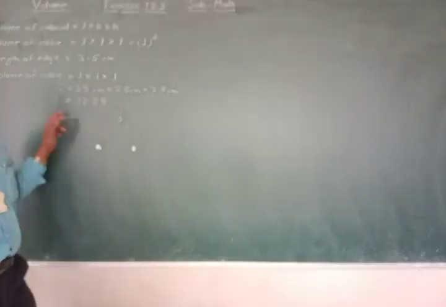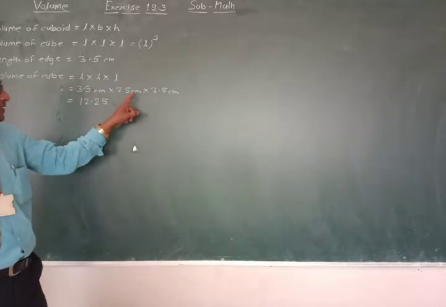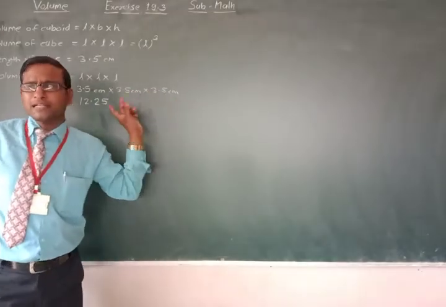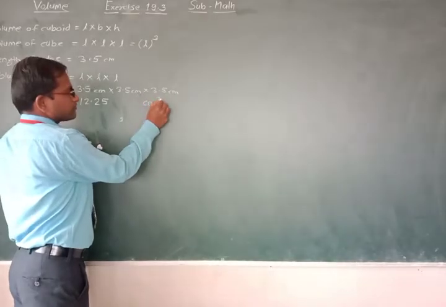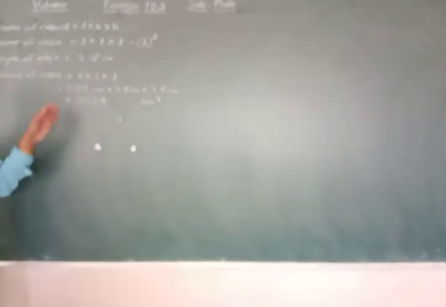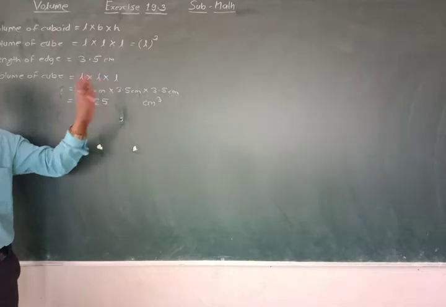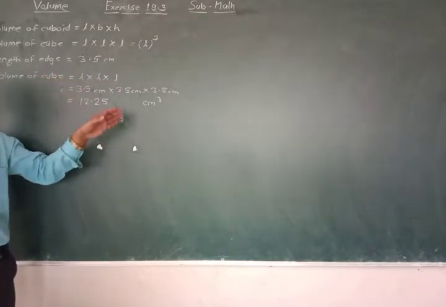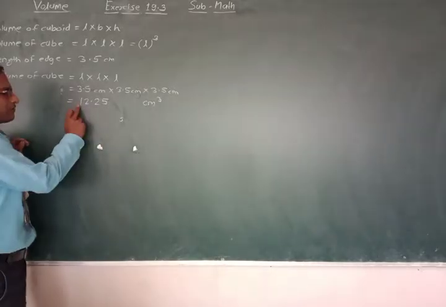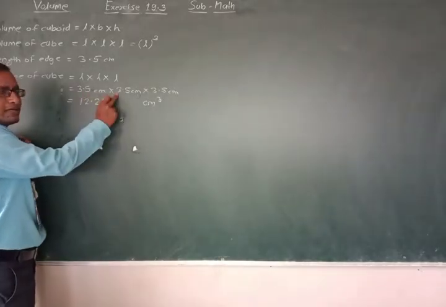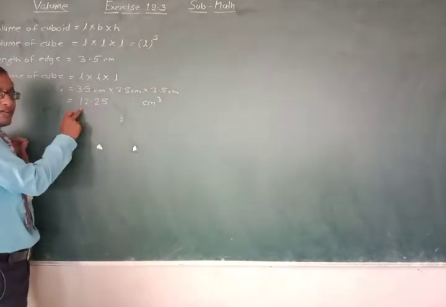Centimeter into centimeter into centimeter, three times centimeter, so write centimeter cube directly. Meter into meter into meter, so write meter cube. Millimeter into millimeter into millimeter, so write millimeter cube.